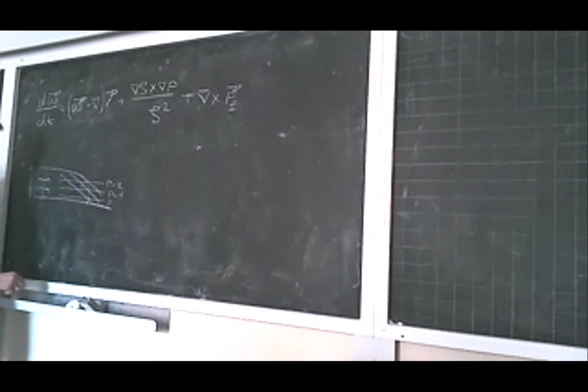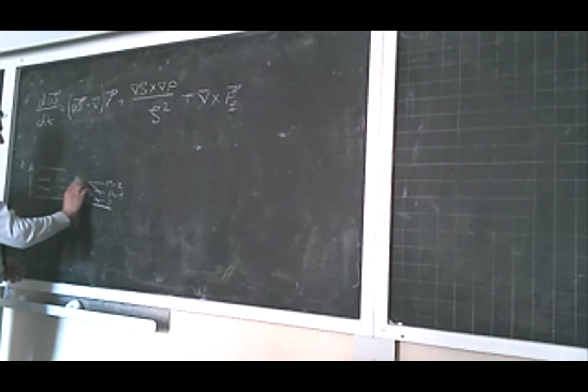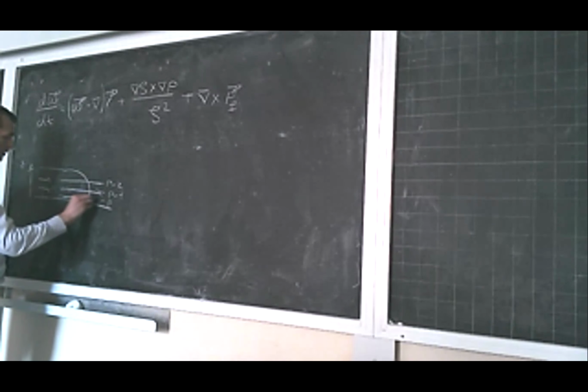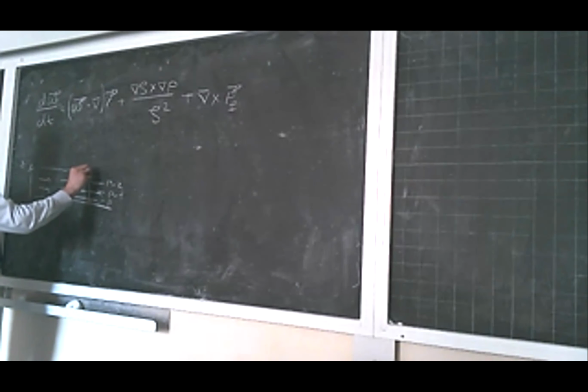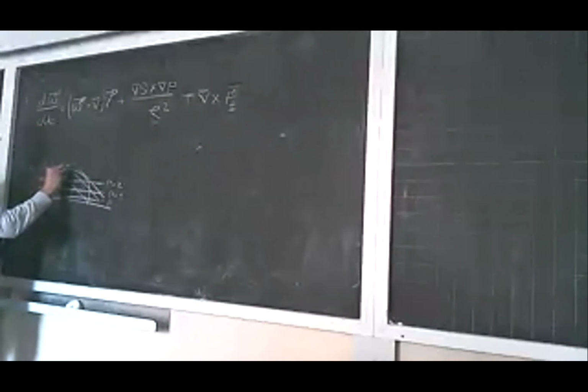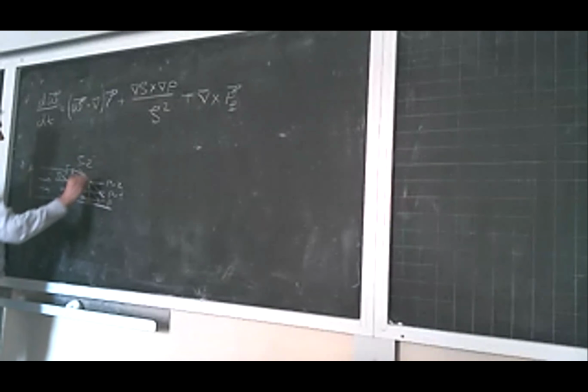Sorry, it should go like this. Nabla rho cross nabla P. So this is pressure. Yes, no, I was right. So this is rho minus 1, rho minus 2.